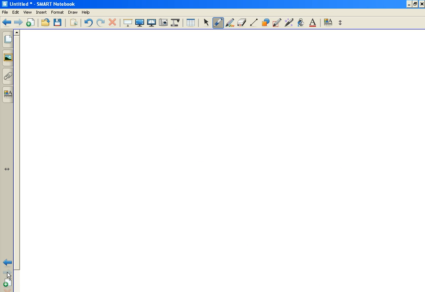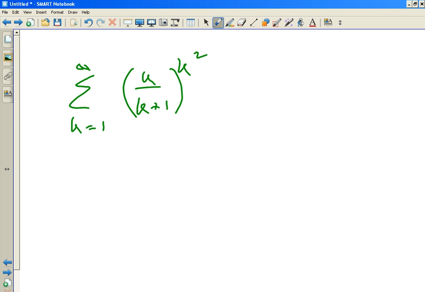All right, what else can we do? How about this? What if I want the sum as k goes from 1 to infinity of k over (k plus 1) to the k squared?